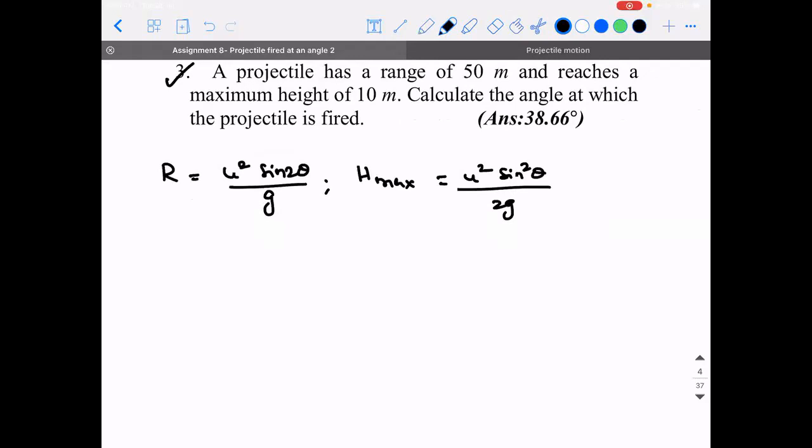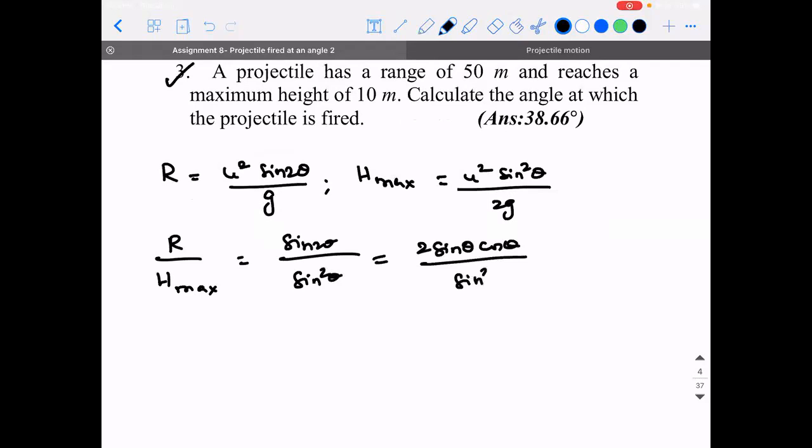Suppose I divide both. The reason I'm dividing both is because I have no information related to initial velocity. I want u square to get eliminated. So I will be left with sine 2 theta divided by sine square theta. But what is sine 2 theta? It is 2 sine theta into cos theta divided by sine square theta. Sine and sine will get cancelled.